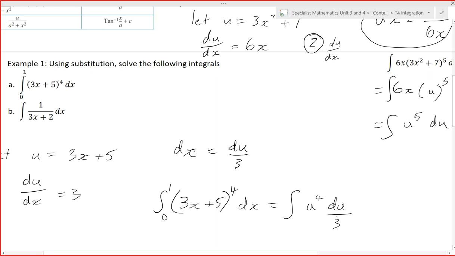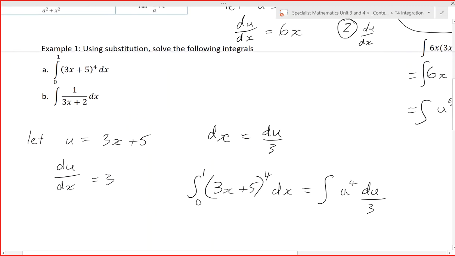Okay, so let's pause here. We've got 0 and 1. The x value, right? Now we've changed all the x's to u's. We also have to change the 0 and the 1 to u values. So this is like an extra step. So when x equals 1, let's start with 0.